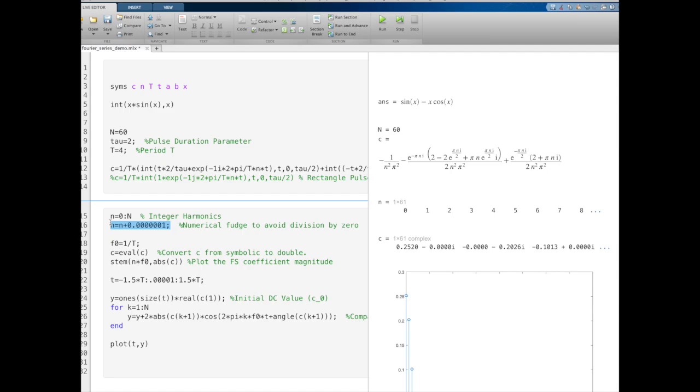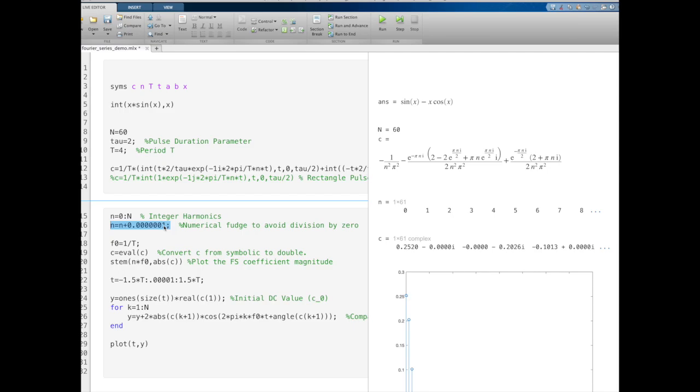When I do that integral, there's a division by n, and at n equals 0, this would have a divide by 0 problem. And so I just add a little offset. It's a numerical trick. The results are less accurate, but it's still close enough for what we're doing here.